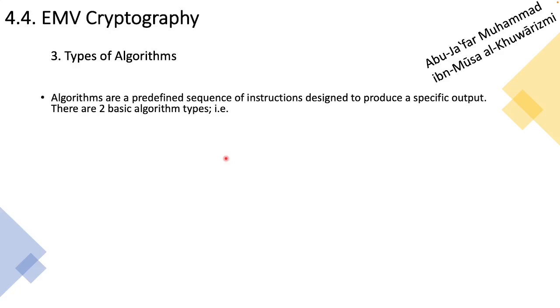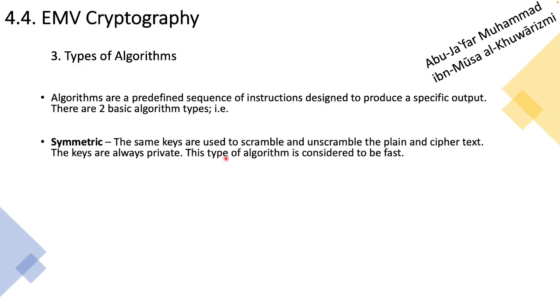algorithm types. Okay, the first one is a symmetric algorithm, and in a symmetric algorithm, we use the same key as in our previous example. We use the same key to scramble and unscramble the plain and ciphertext. Whatever key is used to scramble the plain text to create an encrypted string, we would use the same key to unscramble it to revert back to the plain text.